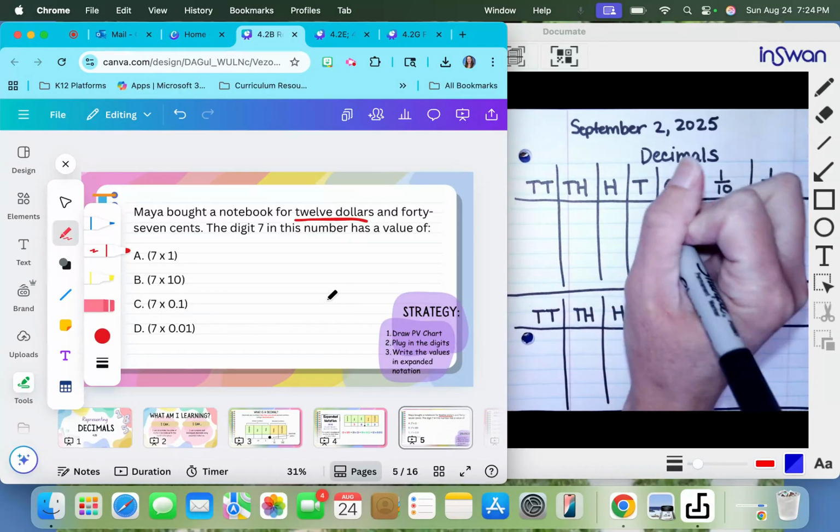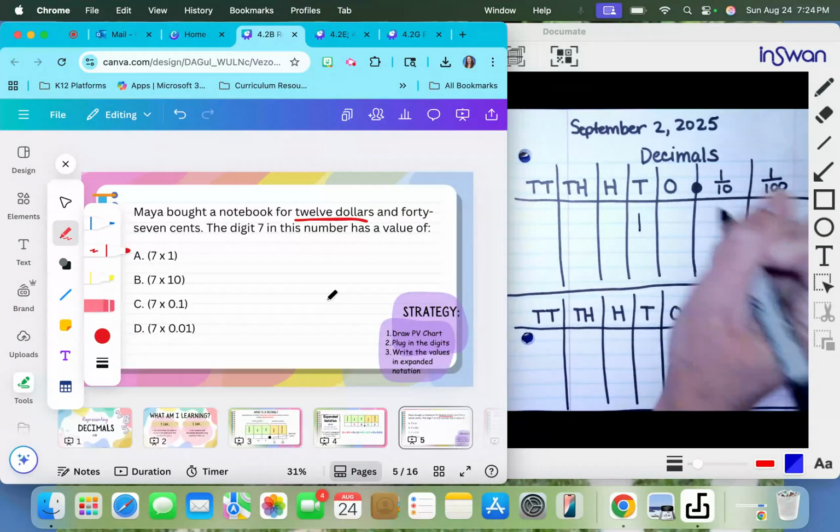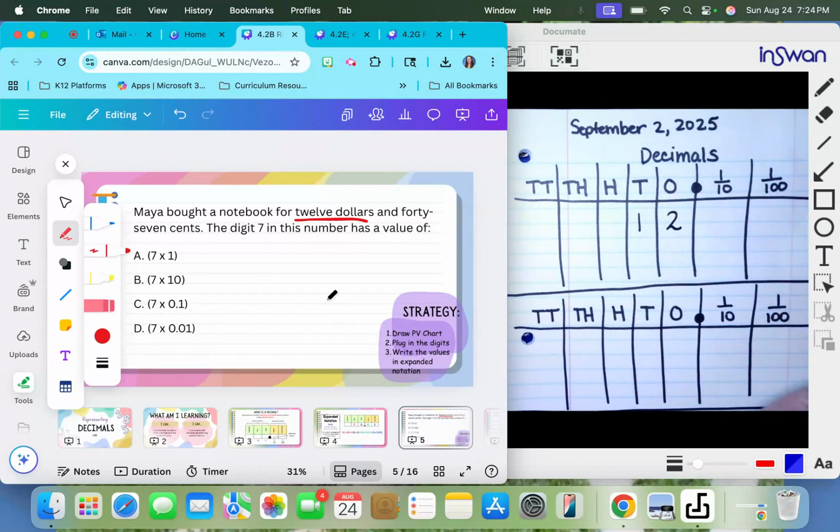Well, 12 has 1 ten and 2 ones. So that's how I would represent that part of our number. And then we see the word and. We've learned in our decimal unit that the word and has a very special meaning when in numbers. What does and mean for us in this number?